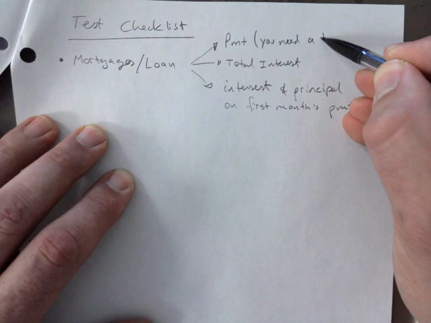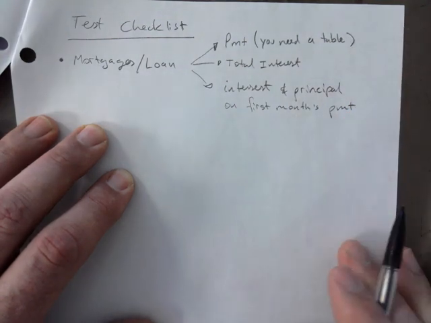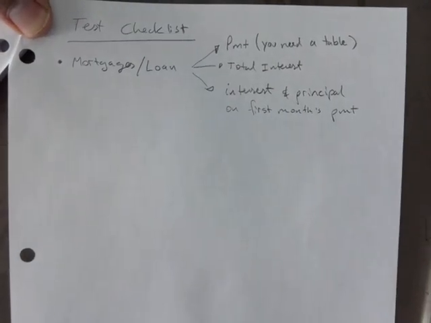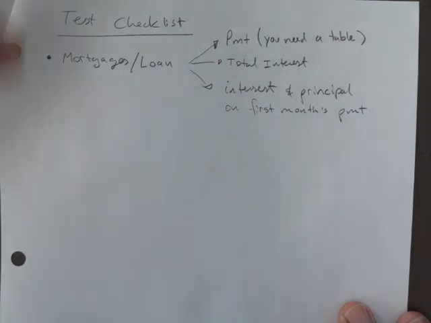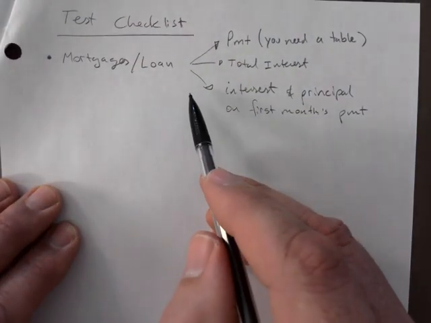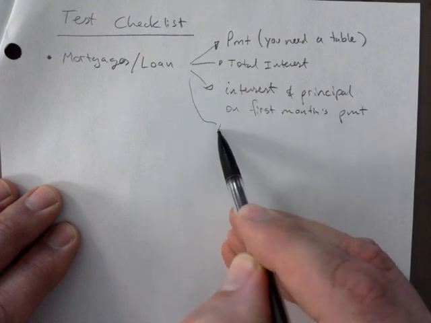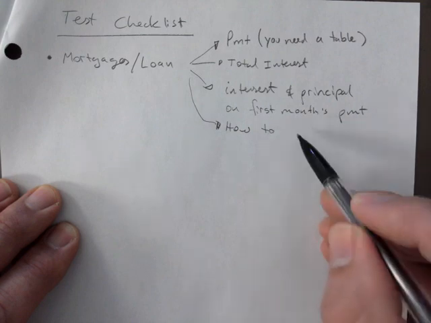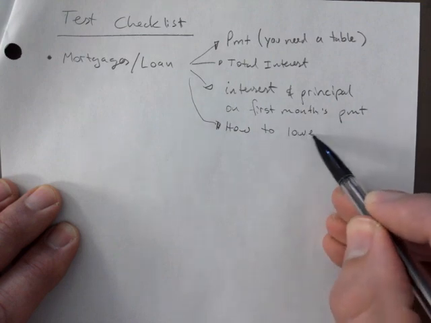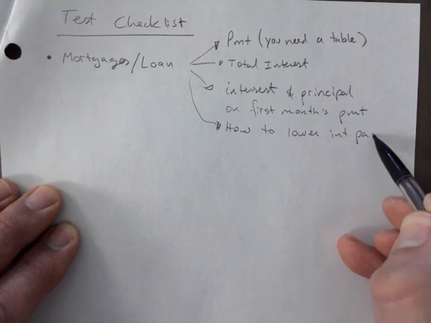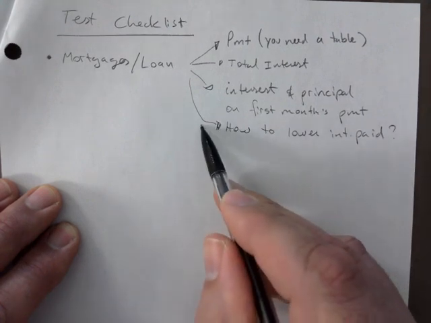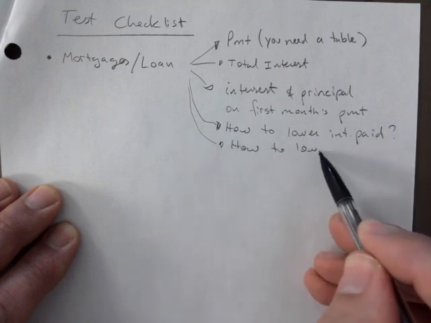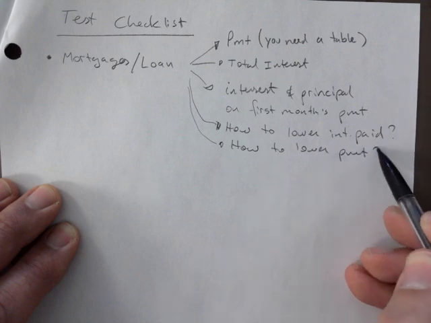the table. You need a table. So either the pink one that I provided you with, or I will have a screenshot of it on the test. But bring your pink charts. That's very important. You also need to know how to lower interest paid, and how to lower your payment itself.